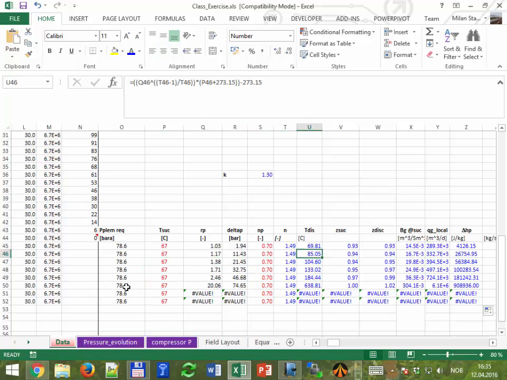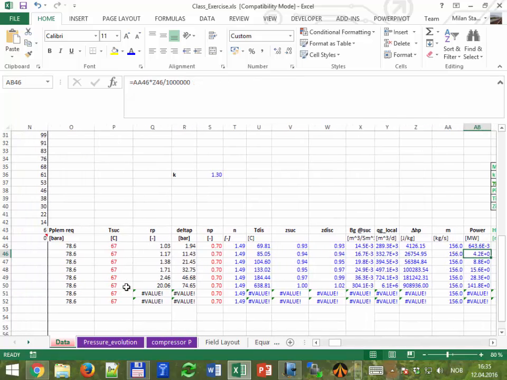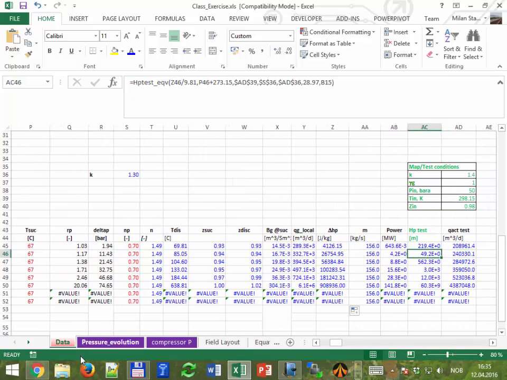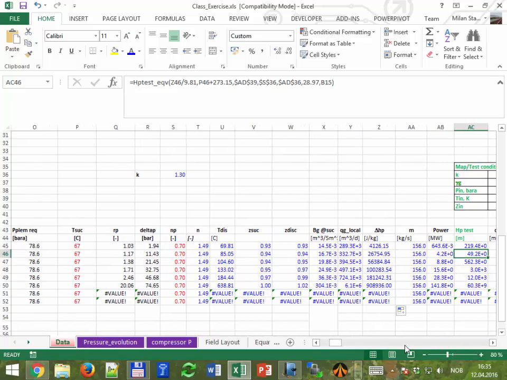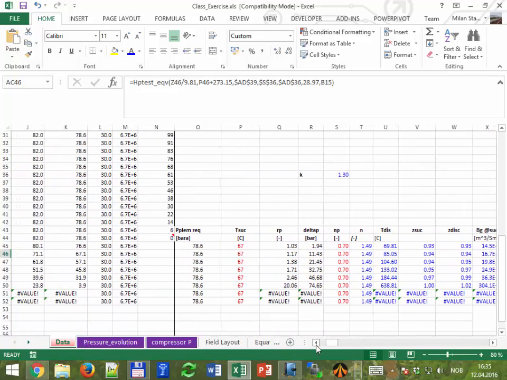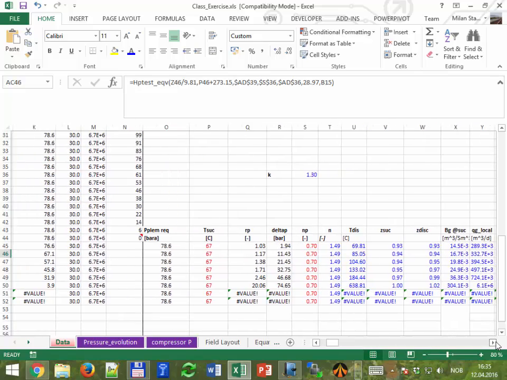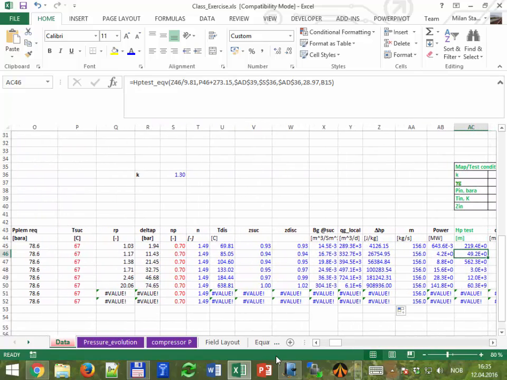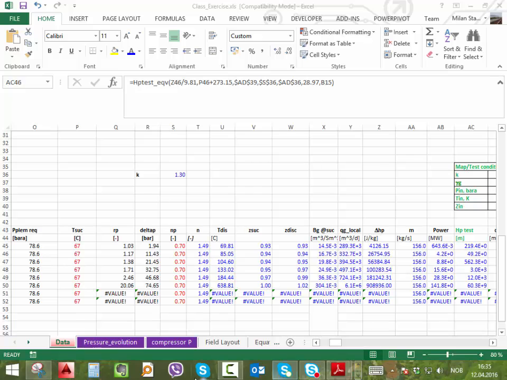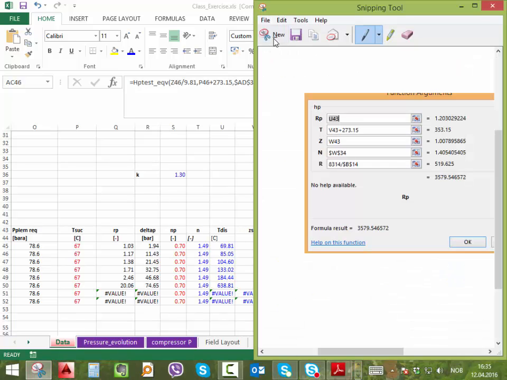Okay, let's maybe copy that and put it in to analyze it one by one. That's the discharge, and we need the pressure at the suction also. So let's copy this because it's a bit messy to do it here in Excel.